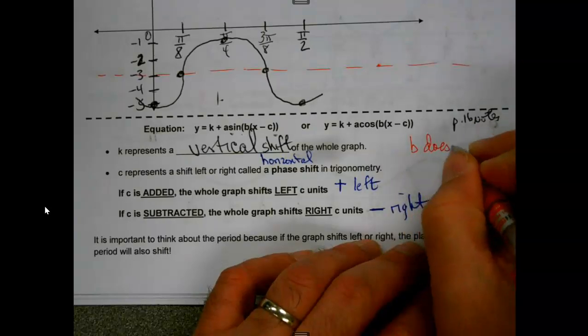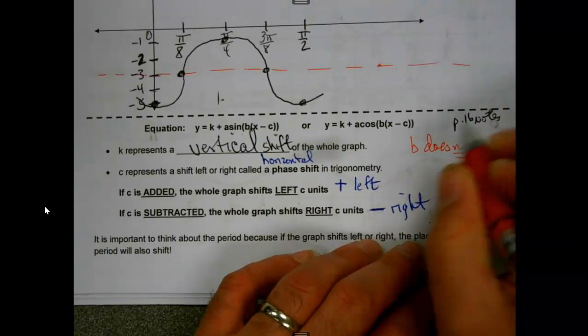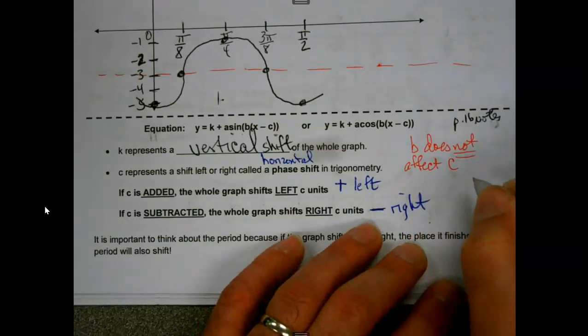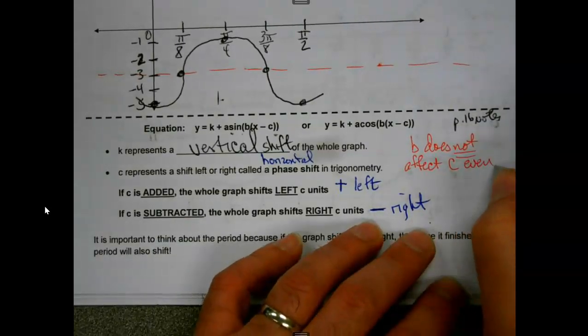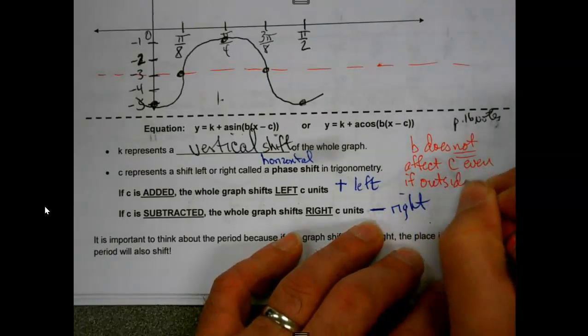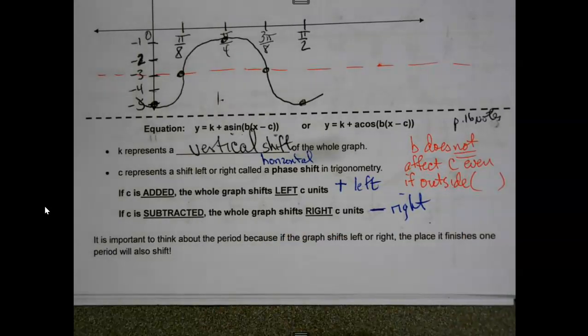B does not affect C, even if it is outside parentheses, okay? That C will always be the phase shift. So gotta keep that in mind as you get ready to work on these today.